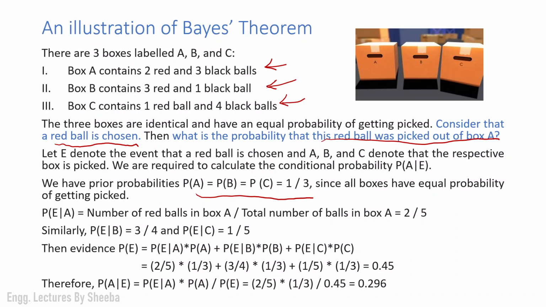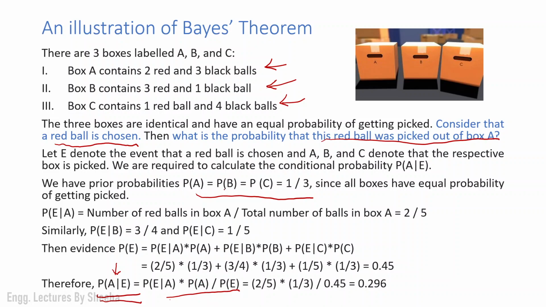Because all the boxes have equal probability of getting picked, now what are we supposed to find? E is the event that a red ball is chosen, and we are supposed to find whether that red ball is chosen from box A. So we are going to find probability of A given E, which is probability of E given A into probability of A divided by probability of E. But you need to know all these terms.